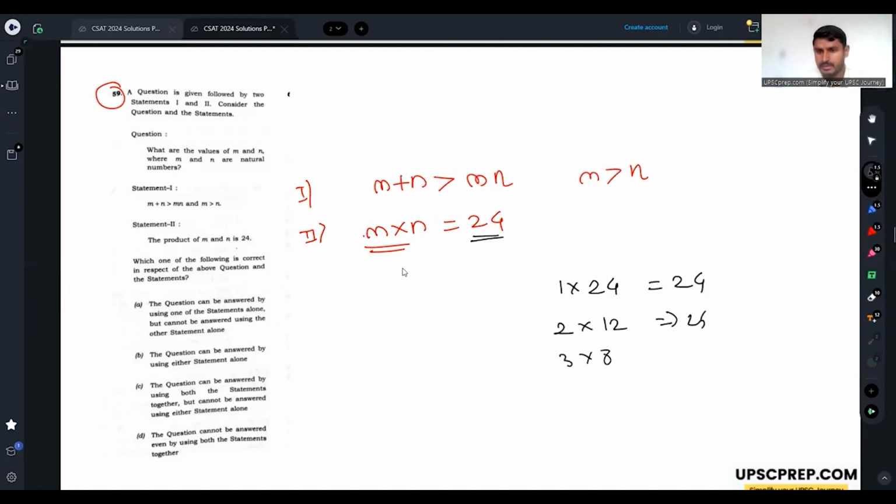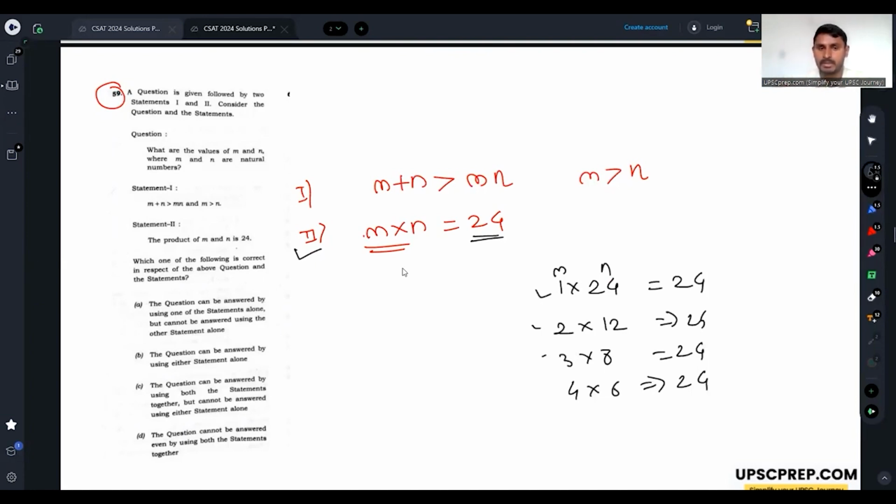Again, 3 into 8, 24. 4 into 6, 24. So these are all the possible factor pairs of 24. So if you check this, can you determine from this what the possible values of m and n are? There are a total of 8 possibilities for m and n. This can be m, this can be n. You can reverse this as well. So from statement 2, you will not be able to tell exactly what the possible values of m and n are.